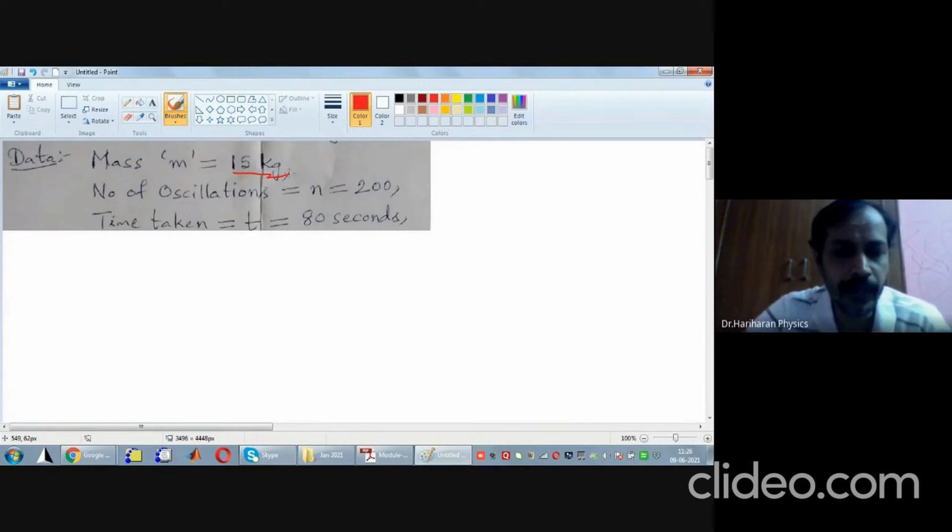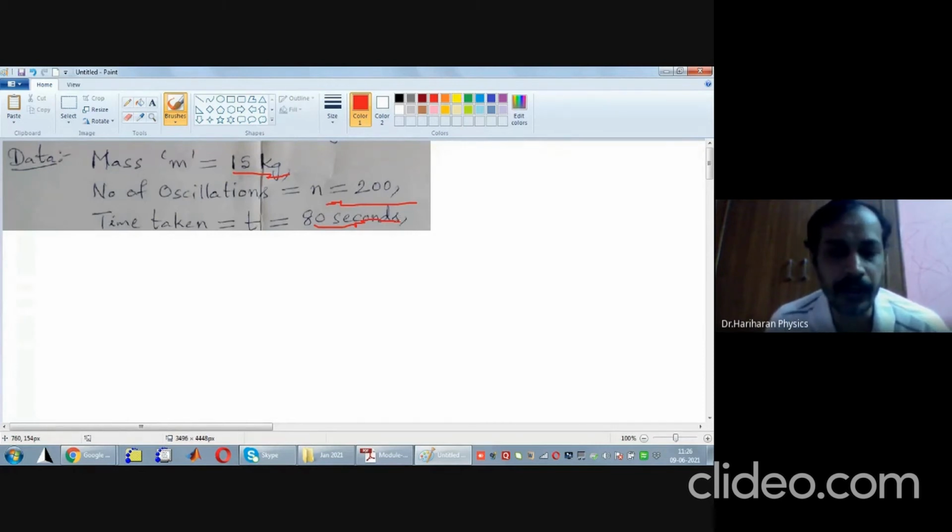How many oscillations is it going to make? 200 oscillations. And what is the time taken to perform those 200 oscillations? It is 80 seconds. So the mass of the object, the number of oscillations, and the time taken to perform 200 oscillations are given.